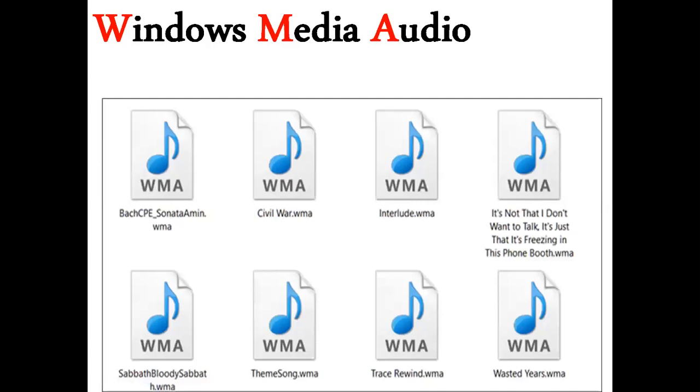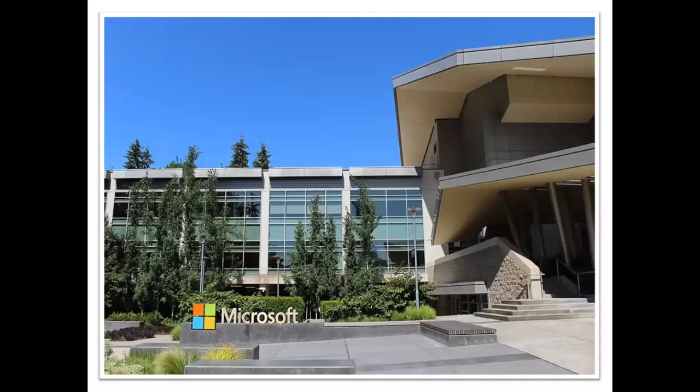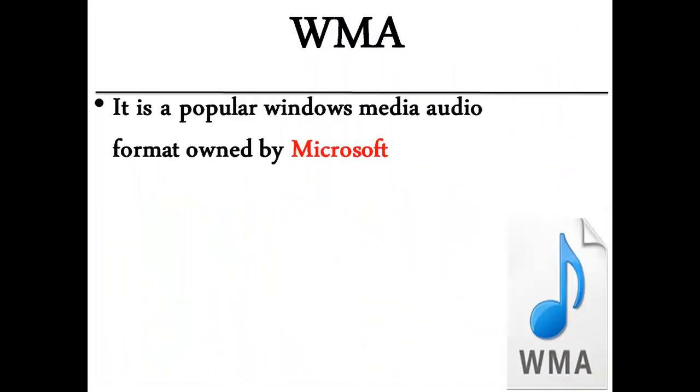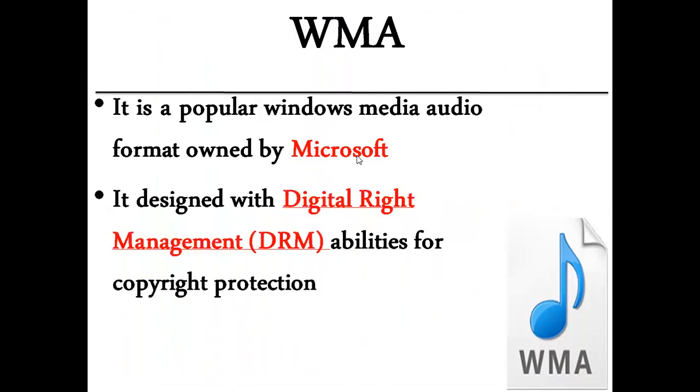Next one is Windows Media Audio. It has been developed by Microsoft. Windows Media Audio is one of the popular audio formats owned by Microsoft. When they developed WMA, they applied DRM. It is called digital rights management.